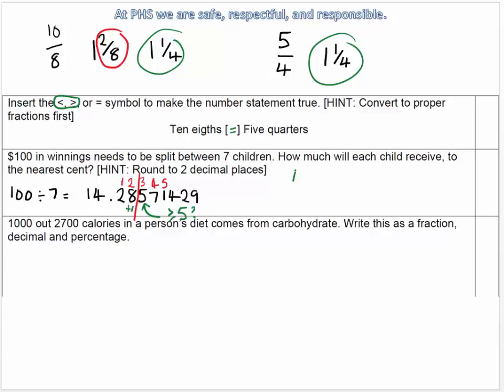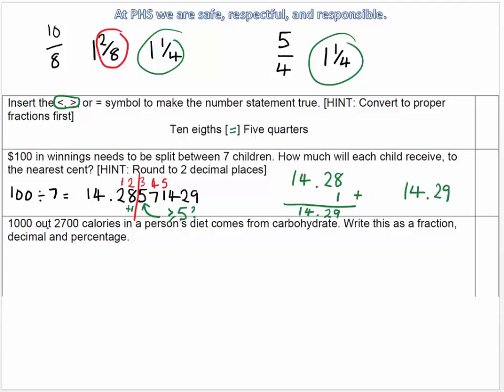So I've got 14.28, and I've got to add 1 to this column here. Now, this one's nice and easy. Sometimes you might have a 9 and you'll have to do a few other things, but this one's nice and easy. So we're adding 1 and we get 8 and 1 is 9, and we're just copying these ones down. So my final answer, $14.29.